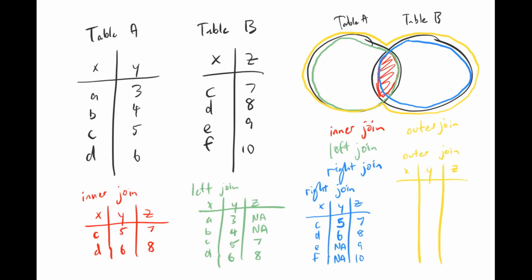So this will be A, B, C, D, E, F, and here it will be 3, 4, 5, 6, and then NA for those points that don't exist. NA for Y and then for Z, NA for those points that don't exist, and then 7, 8, 9, 10.